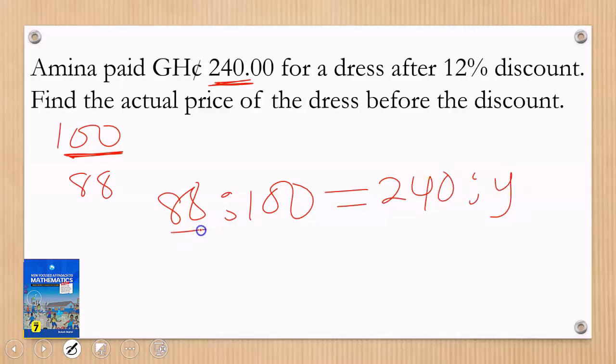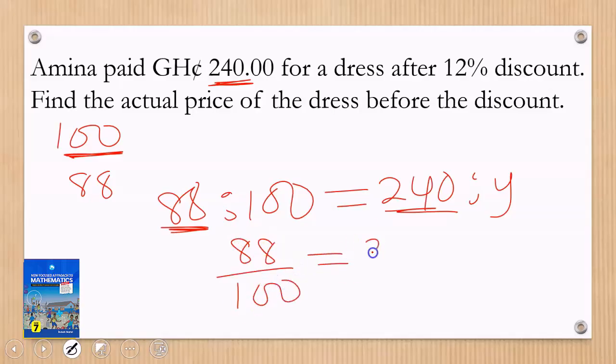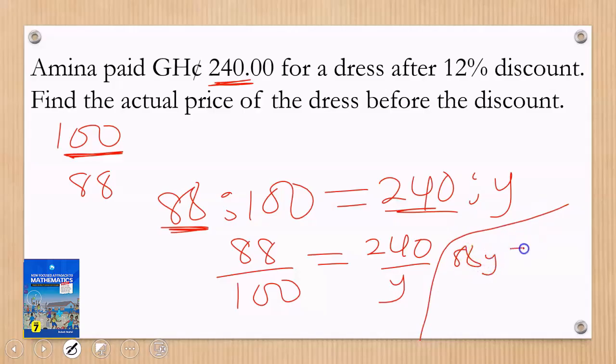The reason is that the 88 is the amount I'm supposed to pay in terms of percentage, and 240 is the amount I paid in monetary form, and so they must be in that equivalent form. So I can do a simple calculation. Ratio means division, as we said earlier, and this is 240 divided by y. Now, if I do cross multiplication, I have 88y equals 240 times 100.